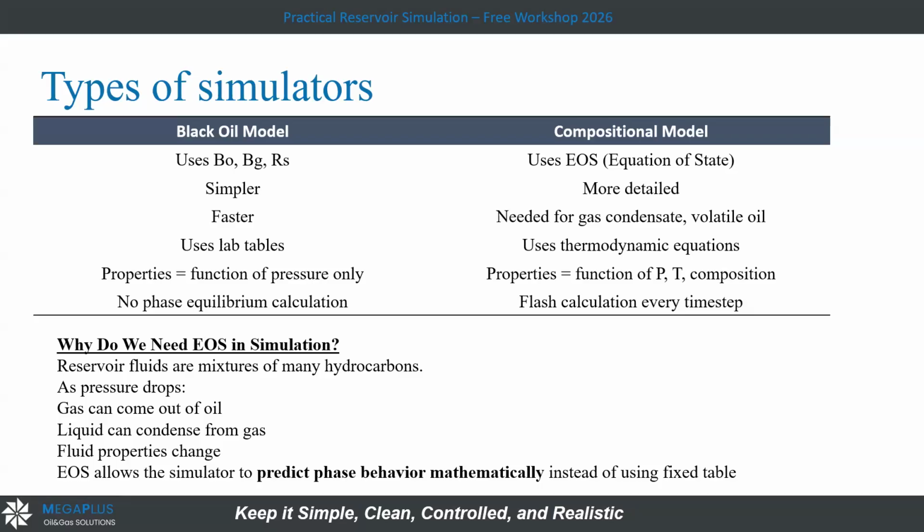But if we reduce the pressure to 3,000, the first dew or the first condensation will happen, and you will see that the methane and ethane components decrease, and the mole percent of the C7 plus will increase. So the composition will change with time. The simulation will calculate the concentration, the percentage of each component, and by the equation of state we get the final product, the percentage of phases in each cell.